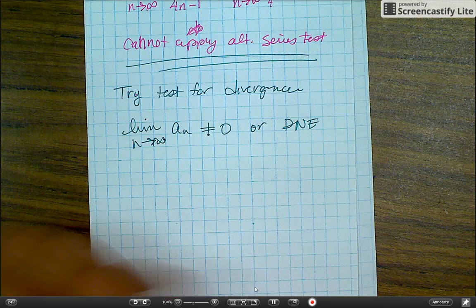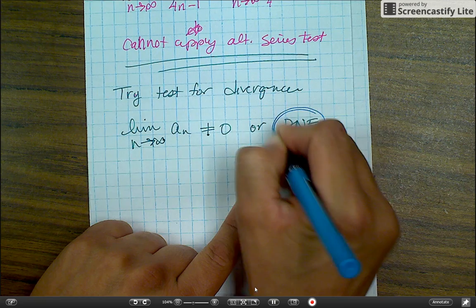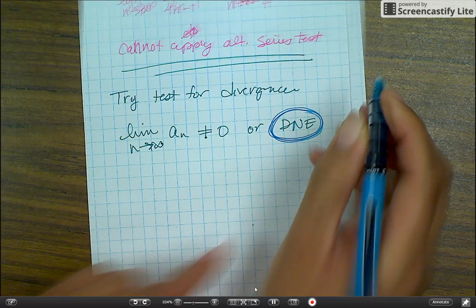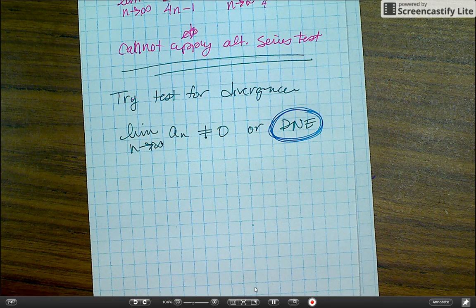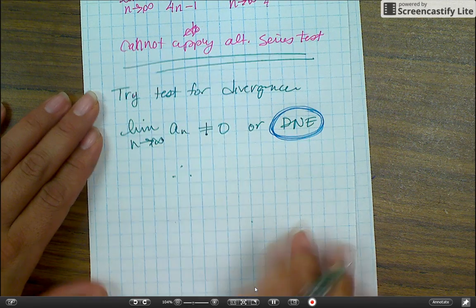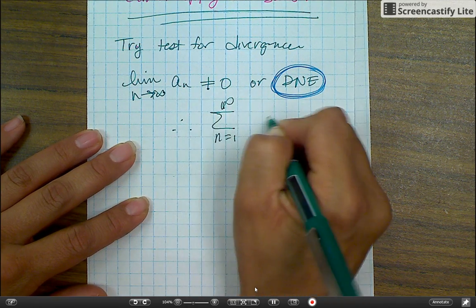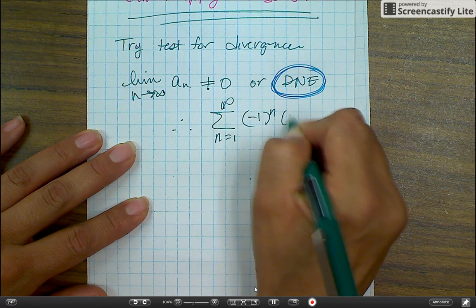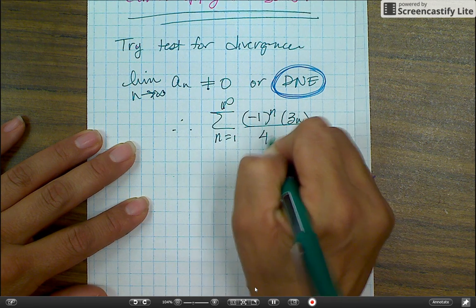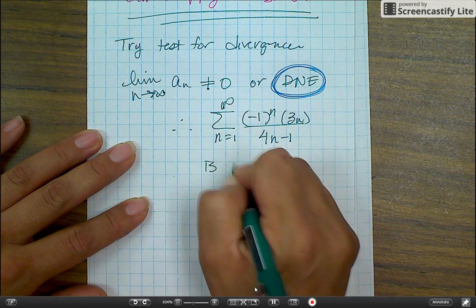So in this situation, the limit does not exist. Therefore, the sum from n equal to 1 to infinity of negative 1 to the n times 3n all over 4n minus 1 is divergent.